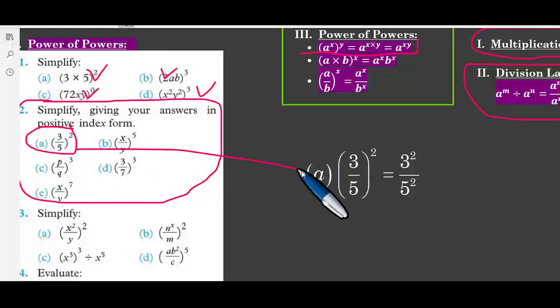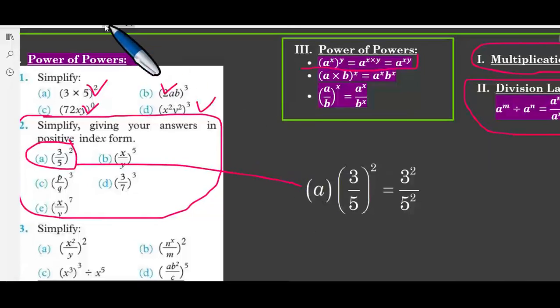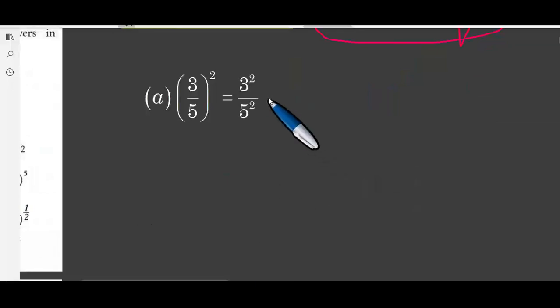A. Here we apply this law. By applying this law, you see, you get here 9 over 25. Already done.